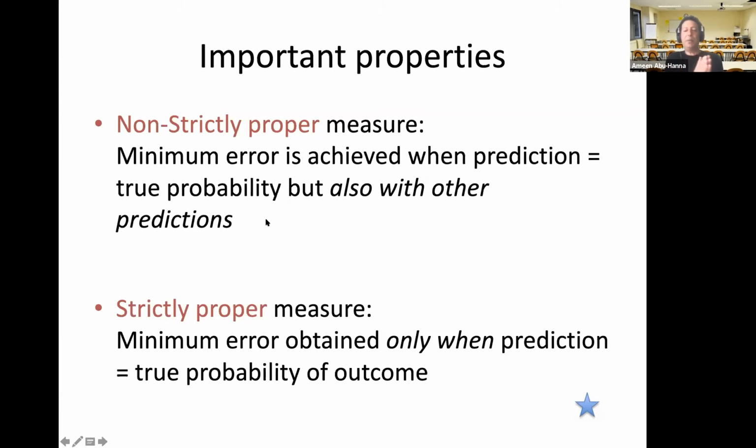So I could move the probabilities and still get the same AUC. The strictly proper measures, we didn't talk about them yet, will give you the minimum error or the best performance only when the predictions are true. So if you give the true probabilities, it will say, okay, now I have the minimum error. But if you mess with them, like square them, they will scream. They will say, no, it's becoming worse. We have even non-proper measures, by the way, that don't even have these properties.